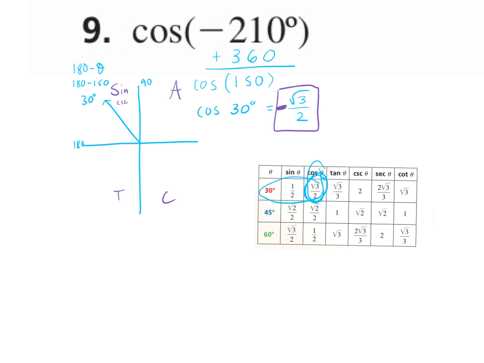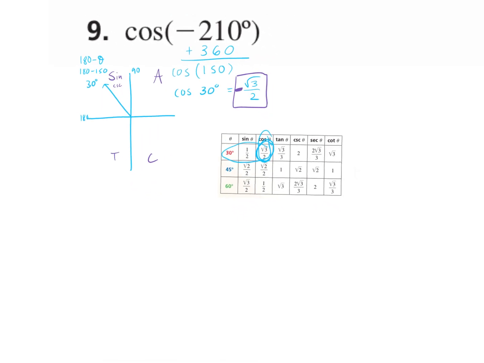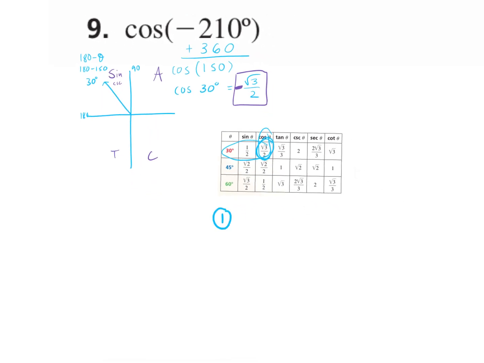So just to put it in words a little bit, maybe it'll help with the steps. Step 1 is to find the reference angle. So that's what we did yesterday in class. So we use the formulas to find the reference angle. Step 2 is to use the chart.